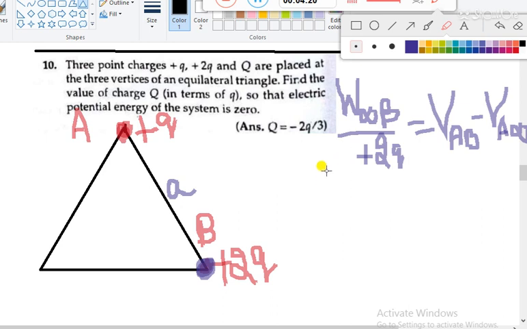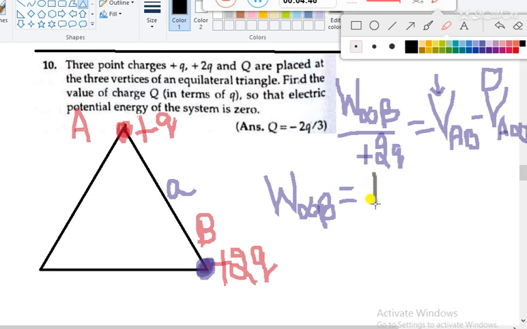So work done by the charge, work done while moving the charge B from infinity to B, is equal to the potential at B, which has a value, so we will put its value. Now I am writing the value.